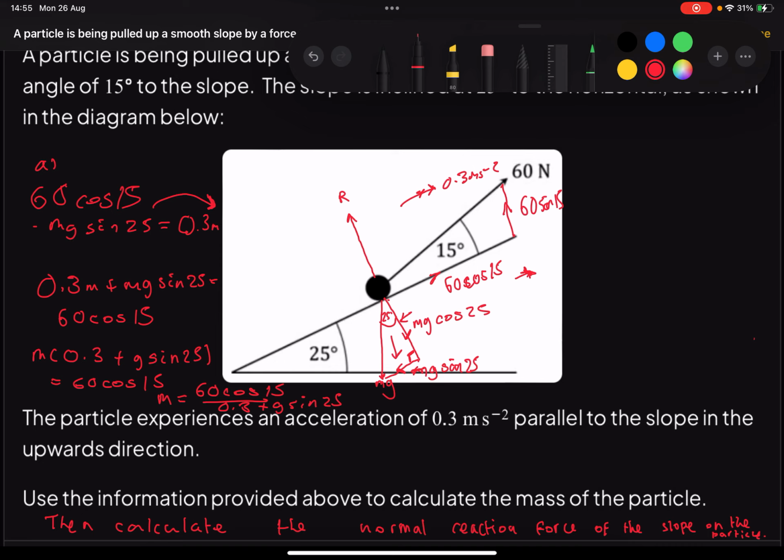What we get is 13.048, which is 13 kilograms to 3 significant figures.